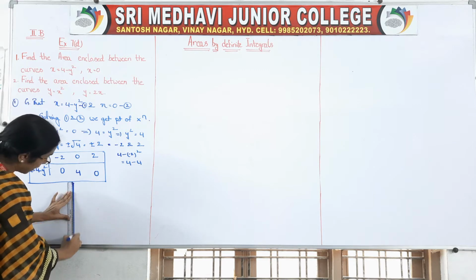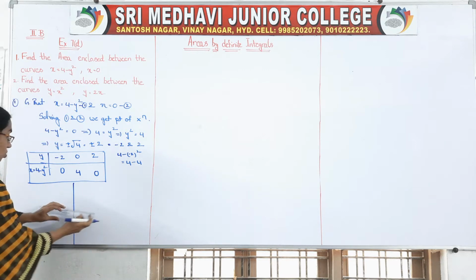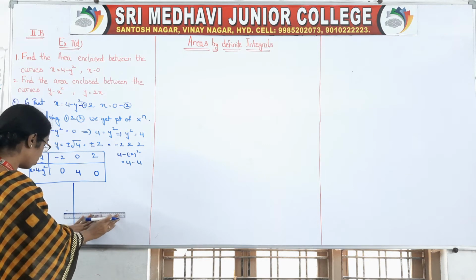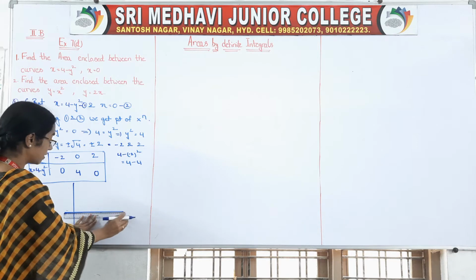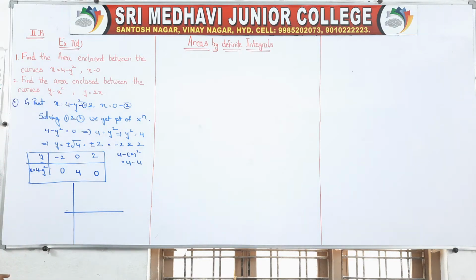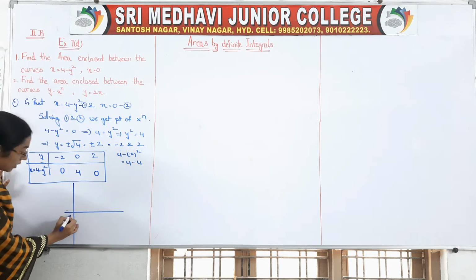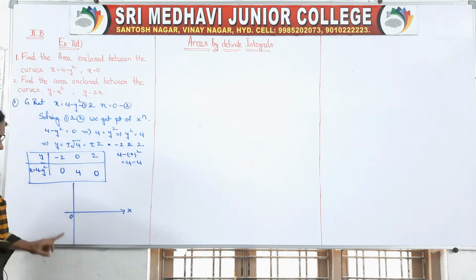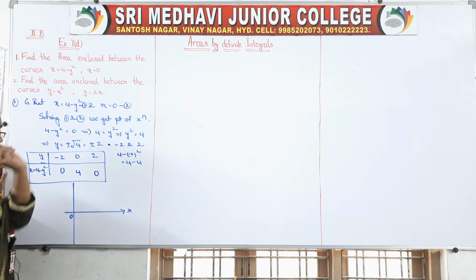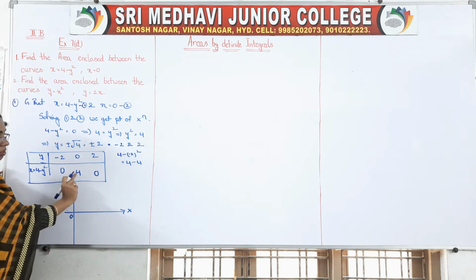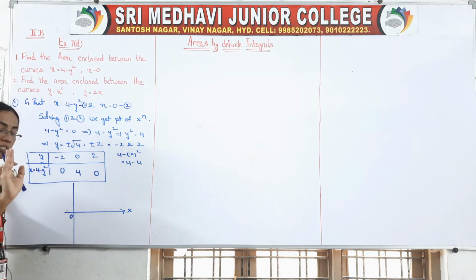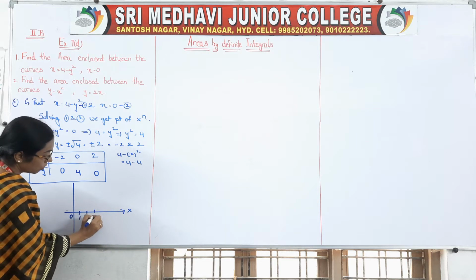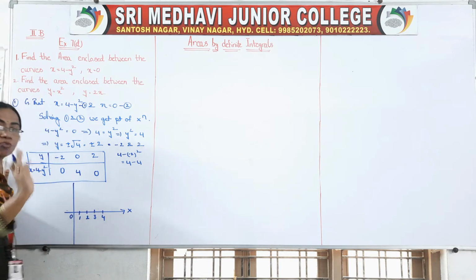Then you take, this is your 0, this is your x-axis, this is your y dash. So on x we are having 0, 4, 0. So maximum is 4, so we have to take up to 4. 2, 3, this is 4.